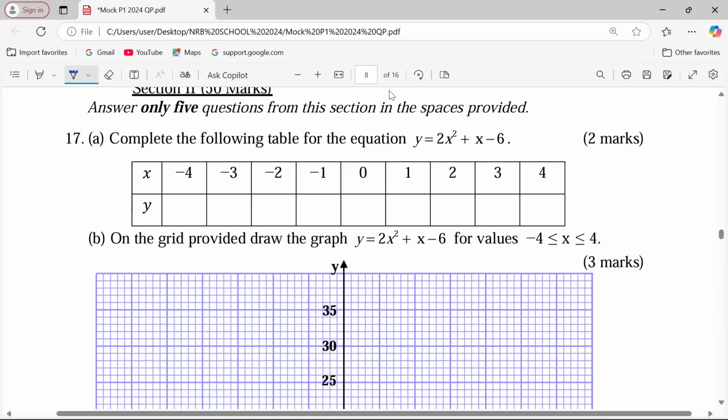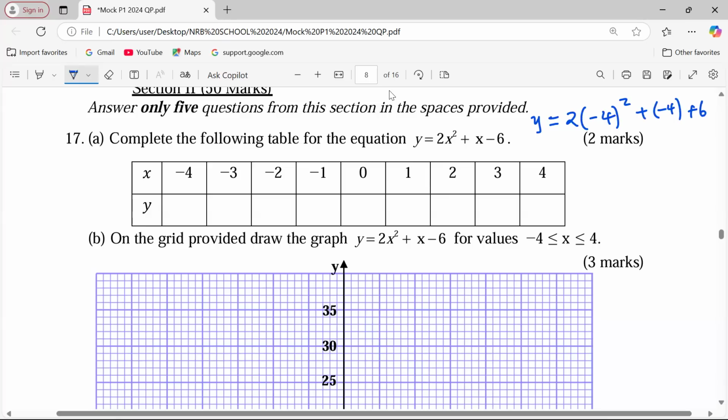Ours now is to substitute in the original equation. For example, the first value of x is -4, so we write 2, then we open brackets for -4 and square, then plus -4, then we subtract 6.